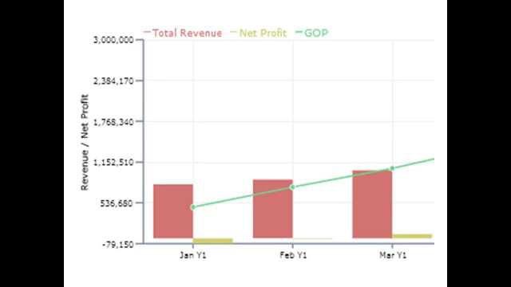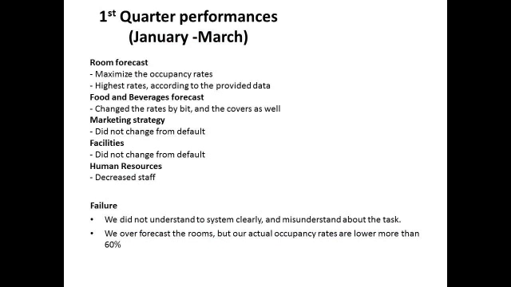What we did during that week is we maximized the occupancy rates and put the highest rates that we could according to the data, which we believed would improve our performance, but it didn't. In the food and beverage forecast, the marketing strategies, the facilities, and the human resources, we did not change much because we didn't have enough time. The reason we failed is that we misunderstood the task.